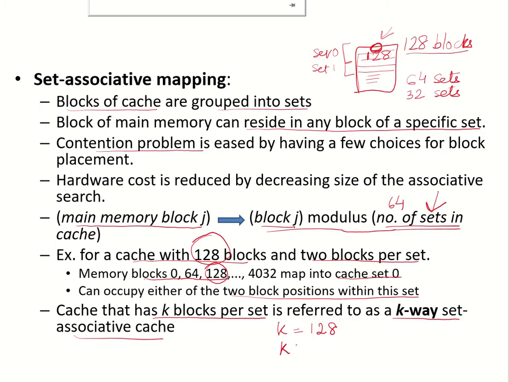If k is equal to 1, each set has only one block, which is equivalent to direct mapping. So k equal to 1 is equivalent to direct mapping, and k equal to n, where n is the number of blocks in the cache, is equivalent to fully associative mapping.